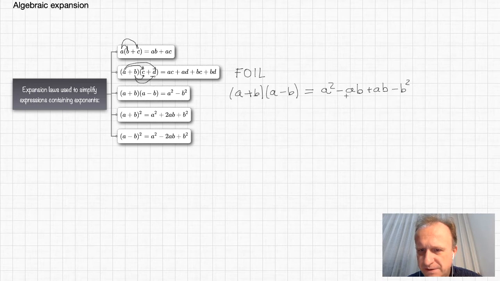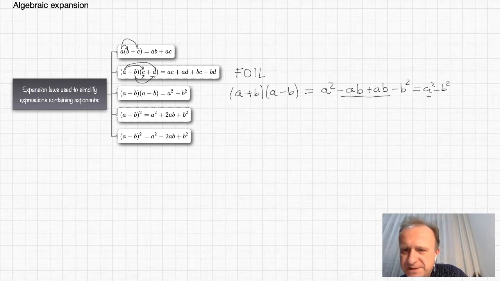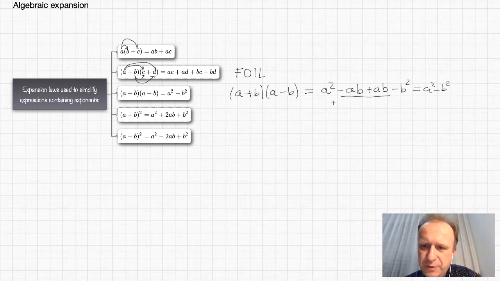And you see these terms just disappear because minus ab plus ab is 0, and you end up with a squared minus b squared. Okay, so look how many steps you had to carry out to get this answer. If you know the formula, you just jump directly from this to the final answer and you leave out the middle step, which is unnecessary here.